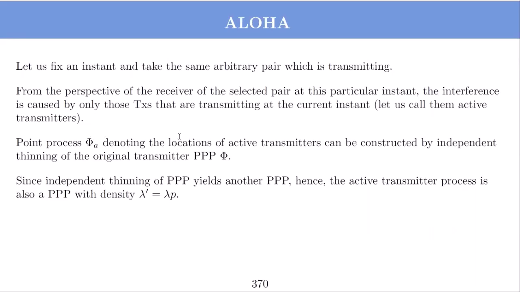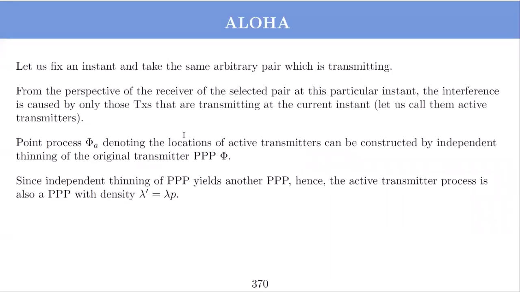So what is the point process denoting the new active transmitters? Note that because this is an independent selection, every transmitter of the original point process randomly decides with probability p whether it wants to be active or not. So it's like an independent thinning.